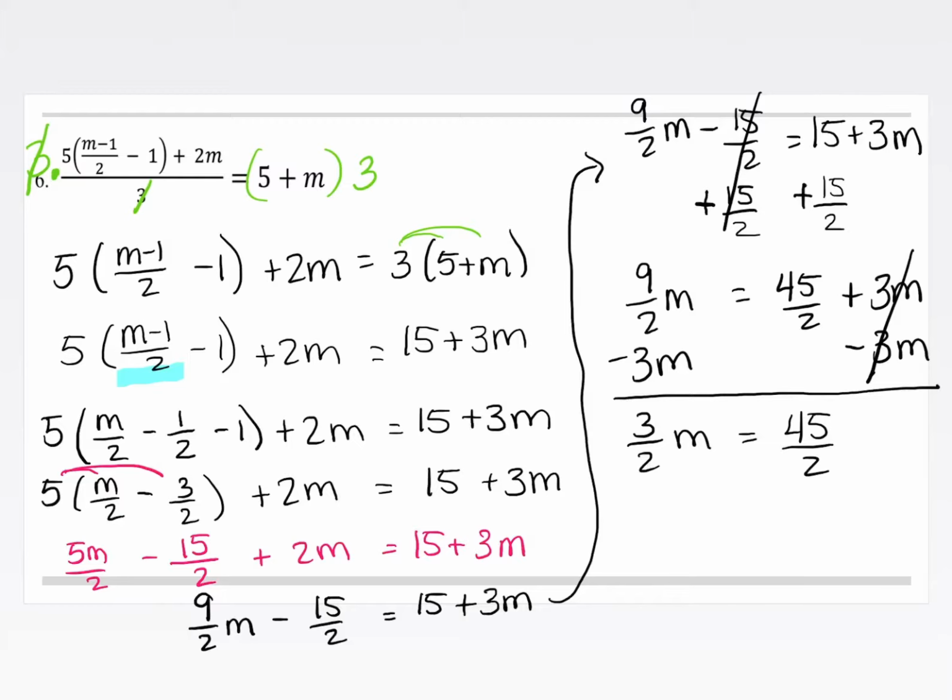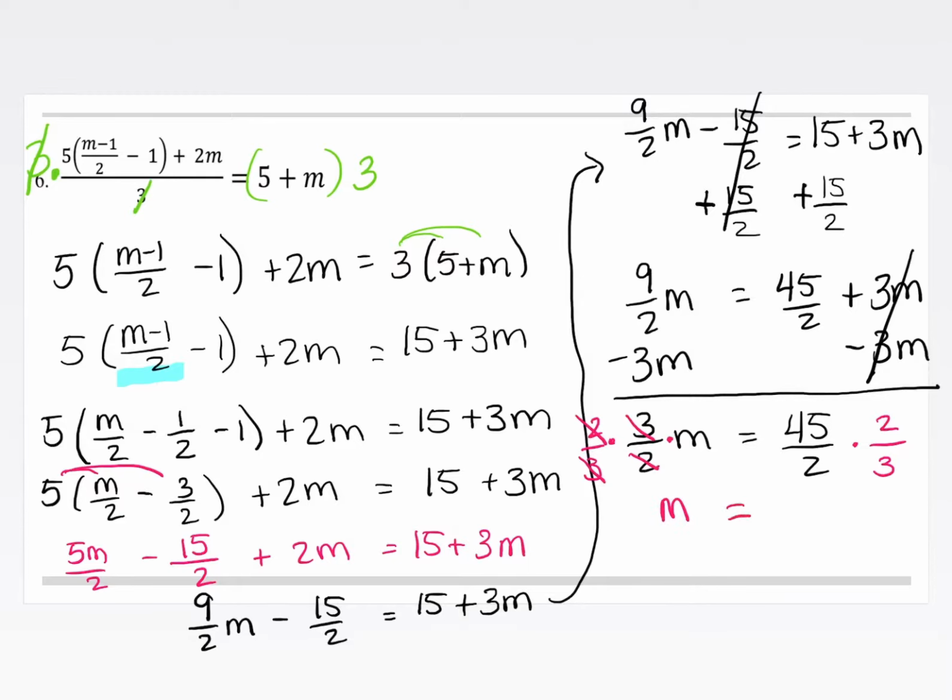So since we have 3/2 times m, and we want to isolate our m, the inverse of multiplication is division. So we would divide both sides by 3/2, but remember, when we divide by a fraction, it's the same thing as multiplying by the reciprocal. So we're going to multiply both sides by 2/3. 2 in the numerator, 2 in the denominator, reduced to 1. 3 in the numerator, 3 in the denominator, reduced to 1.